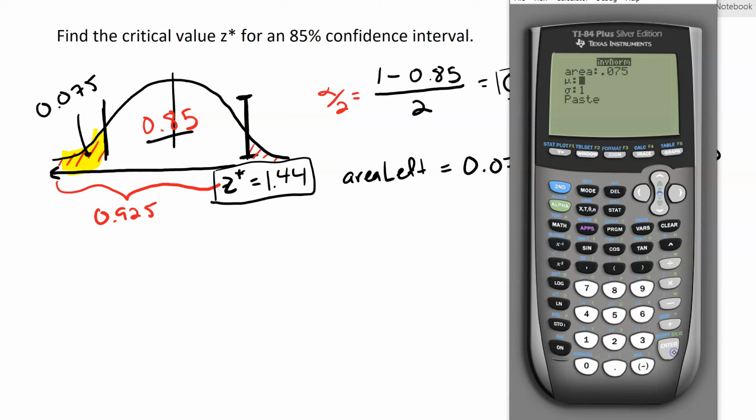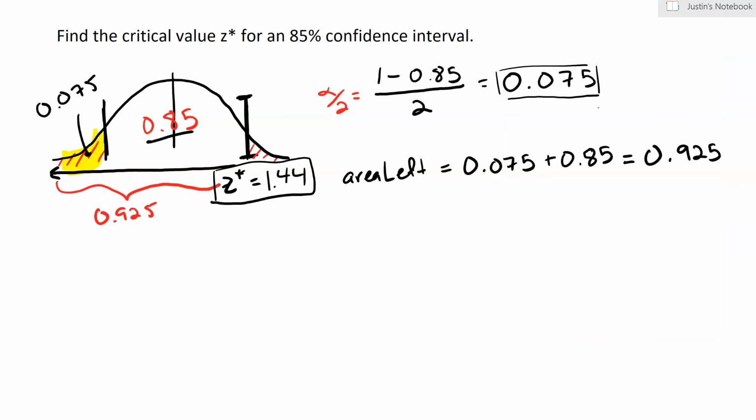And when we calculate this one, we end up with the same thing, except here we have the negative, which makes sense because we're going the same number of standard deviations in both directions, and we get negative 1.44. So we could also choose to do that, and just remember that when we write down our critical value, we just take the positive version of it, and we still get 1.44.